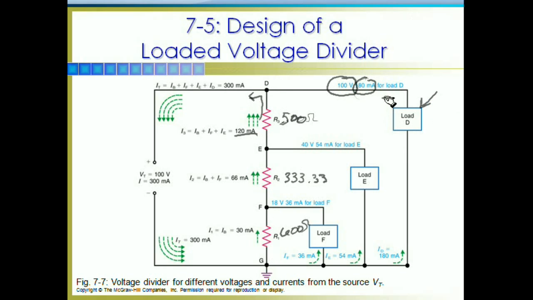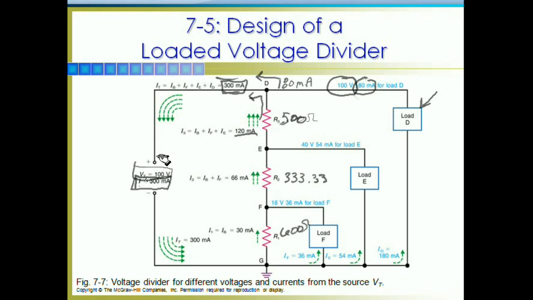Oh, pardon me, I have another 180 milliamps. So my total trunk current is 300 milliamps. So I have to make sure that my voltage source will supply me with 100 volts at 300 milliamps.